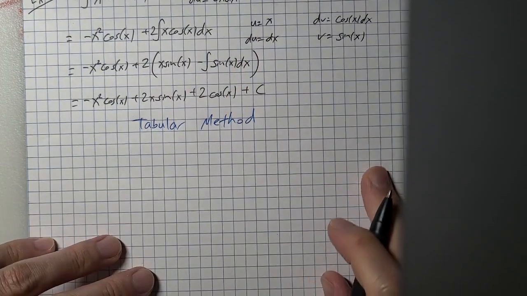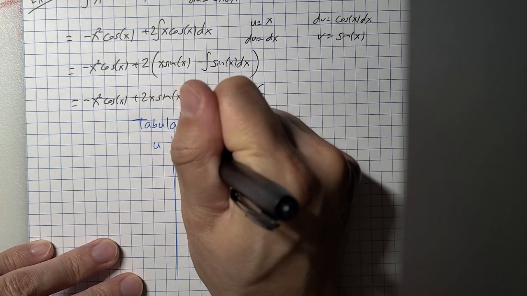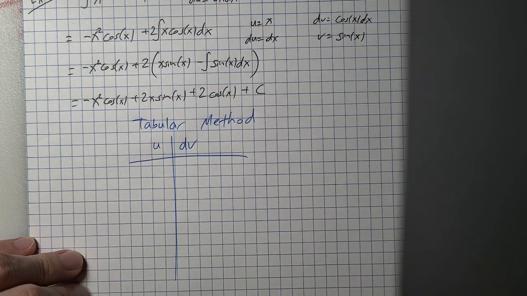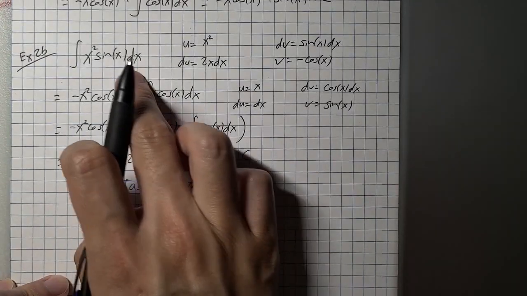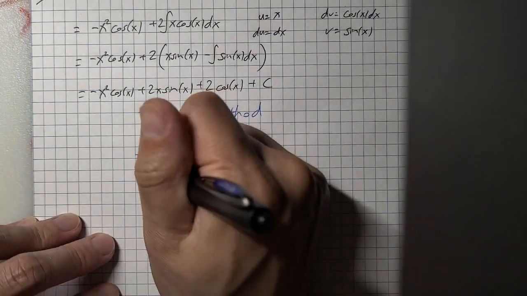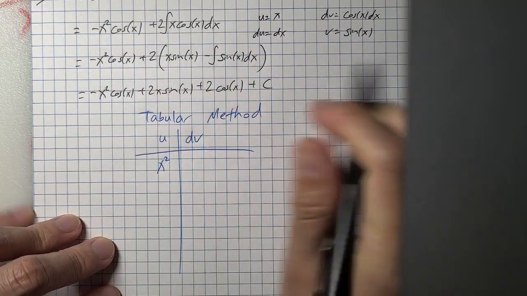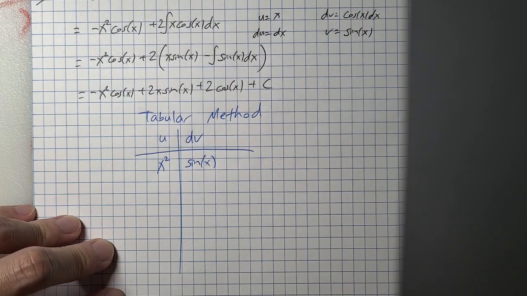Okay? So how I like to show it is, we have a column for u, we have a column for dv, okay? We pick u and dv the same way as we did up here, so we want to reduce the power of x. So we'll have u as x squared, dv was sine x. I'll omit the dx over here, okay?